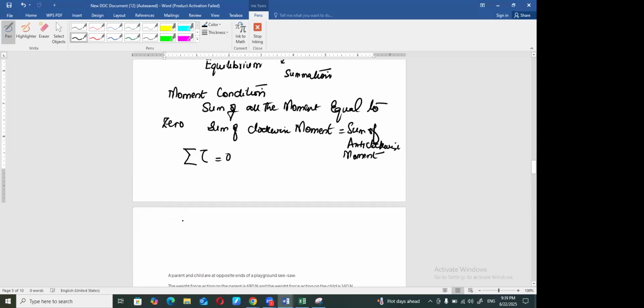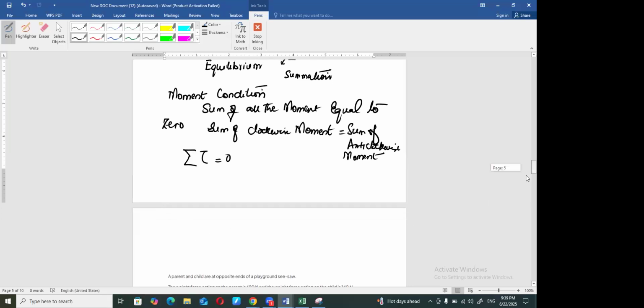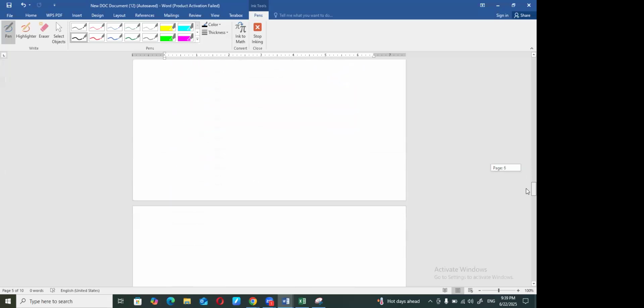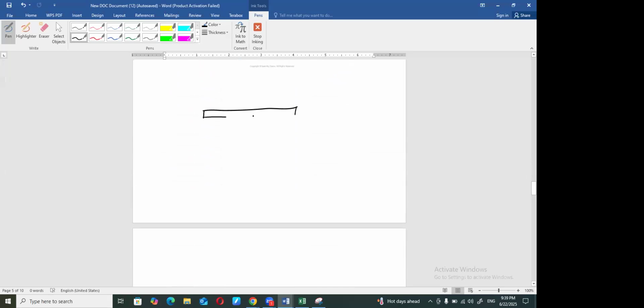Let's suppose you have this bar, which is fixed from one point, right? And there is a force acting here.